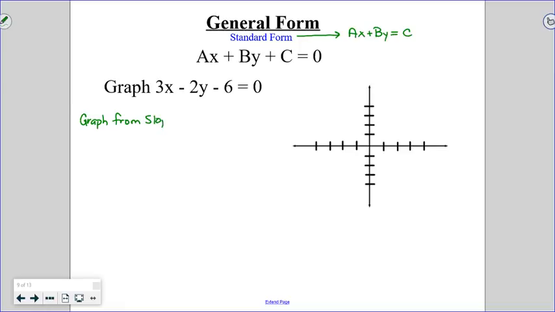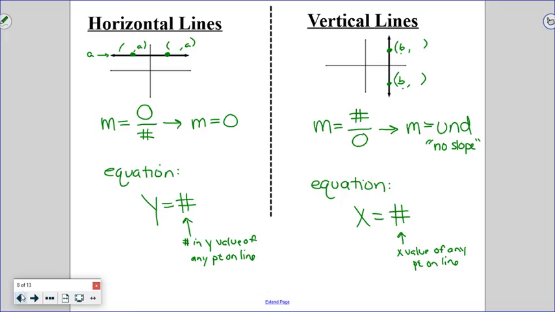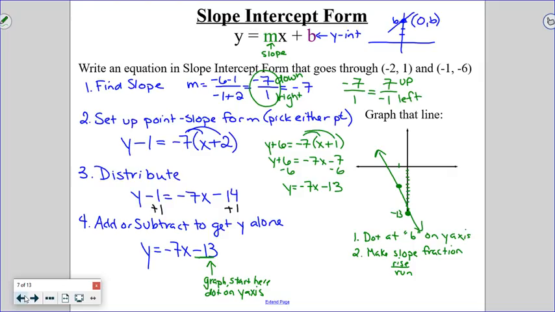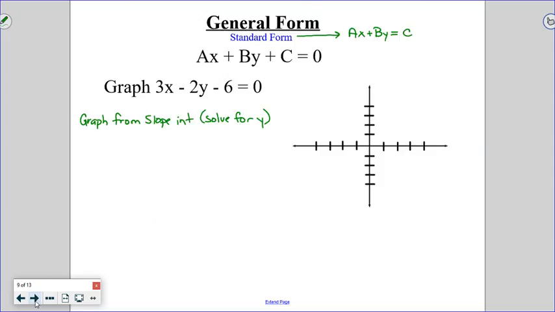Which is not actually the way I'm going to do it on our graph over here, which means solve for y. If I choose to graph from slope-intercept form, you would solve for y, and this is what that would look like. If I want y by itself, I would move this to the other side, and I would move this to the other side first. So I would add 6.